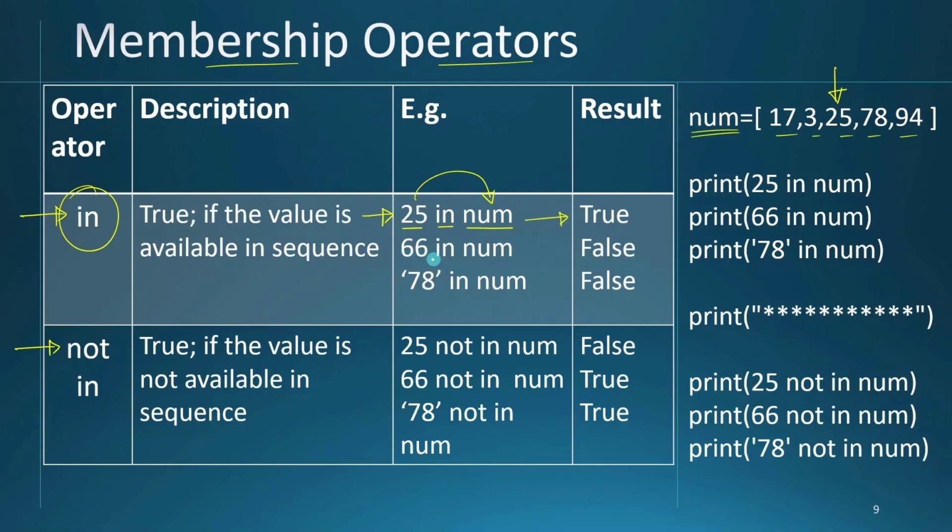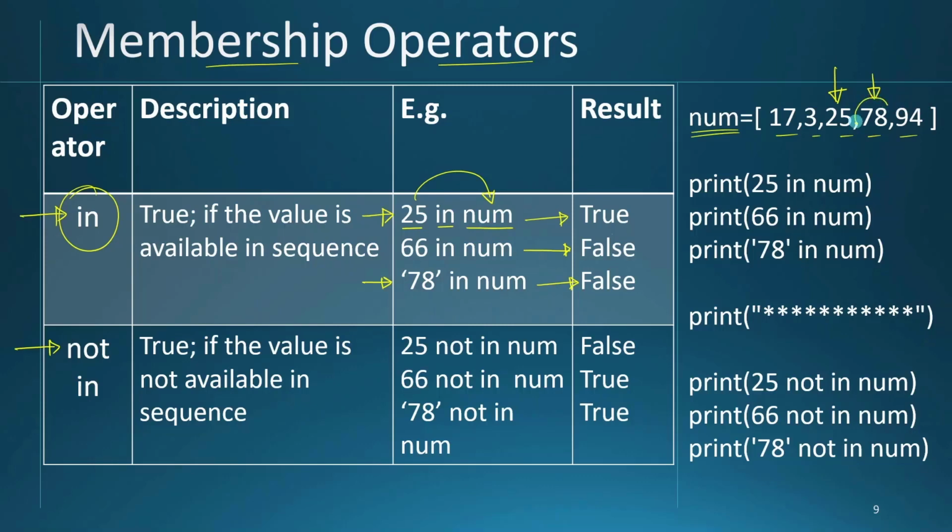Next I am going to check whether 66 is available inside num. When you check all the values inside this list, you can see 66 is not available, so this will produce the result as false. Now in the next example, you can see '78' in num. Actually 78 is here, but still the output is coming as false. The problem here is with the data type.